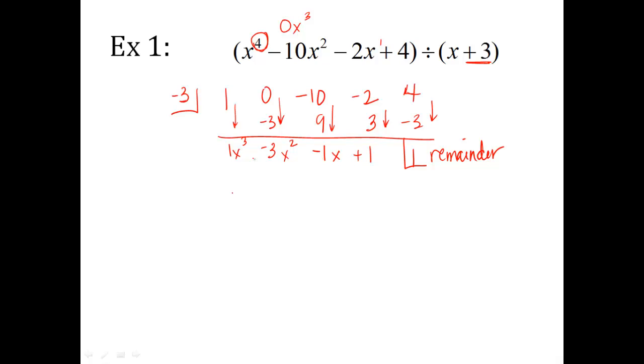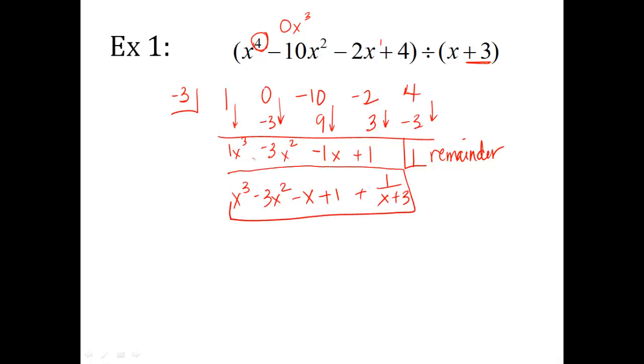So my full answer is going to be x cubed minus 3x squared minus x plus 1 over x plus 3. Remember the remainder goes over the divisor in your answer. So all of that is my solution that I got through synthetic division.